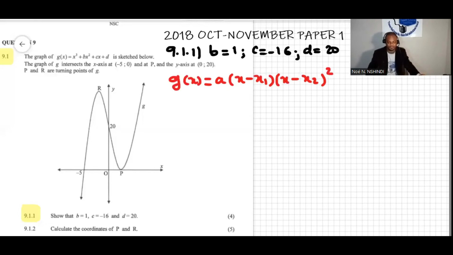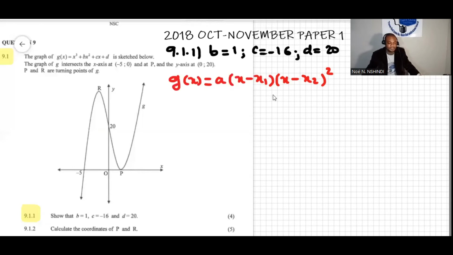This is when we have 2 intercepts. Because over here, it's formed like a parabola, it means the 2 intercepts have the same value. Here the 2 intercepts have the same value. So it's going to be of this form.